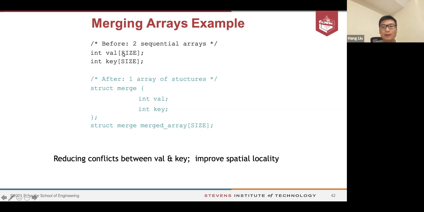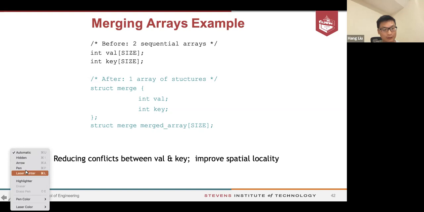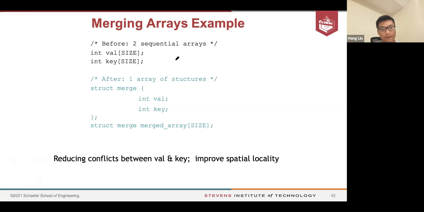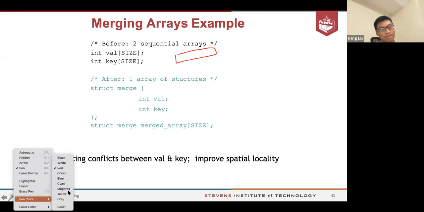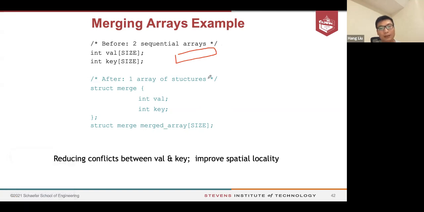If we store them in two separate memory arrays, assume this is the key and this is the value.